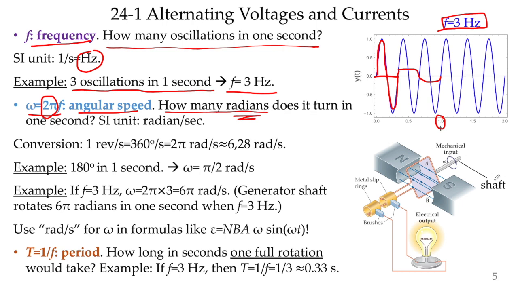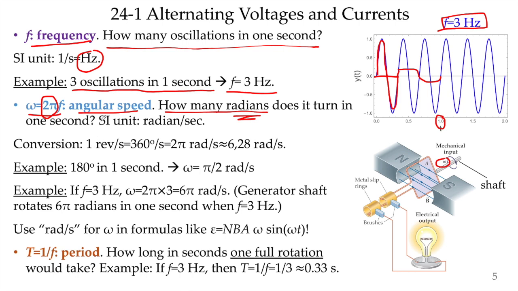Now, look at this shaft. So this shaft turns, and it turns this circuit. The question is, if you want to know what omega is, which is angular frequency, you have to answer the question, how many radians does it turn in 1 second? So one full rotation is 2 pi radians, right? 360 degrees, 2 pi radians.